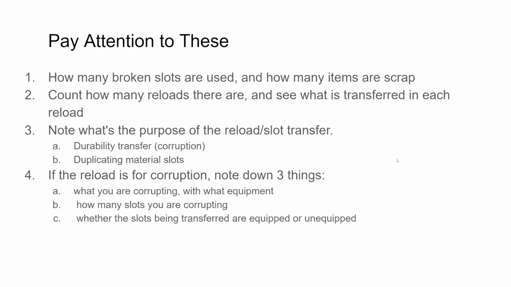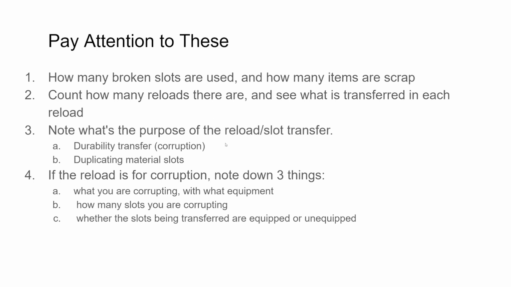Again, just to reiterate, these 4 things are all closely tied to each other. First, knowing how many broken slots are used and how many items are scrapped. Knowing how many broken slots are used will tell you what is transferred in each reload. And of course, count how many reloads there are. If you don't know how many reloads there are, you can't click each reload to see what it does.